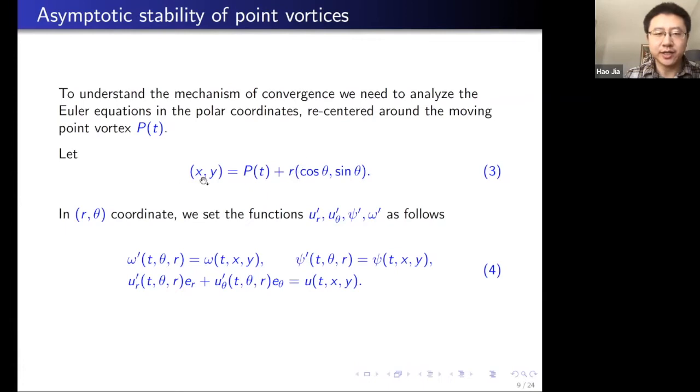So you see that we now shift from (x, y) to (r, theta). In (r, theta) coordinates, we can write all the functions in this new coordinate. For example, we set omega prime as omega in the new coordinate, the stream function also as psi prime, and then similarly for the velocity field.